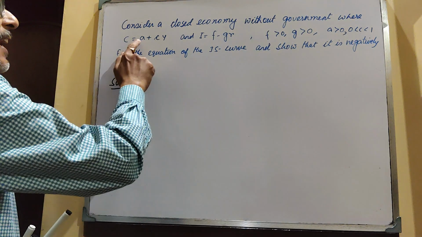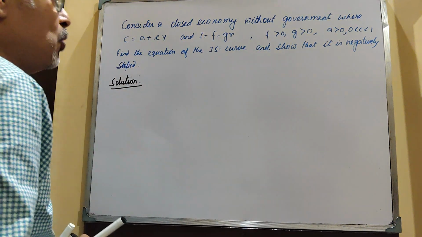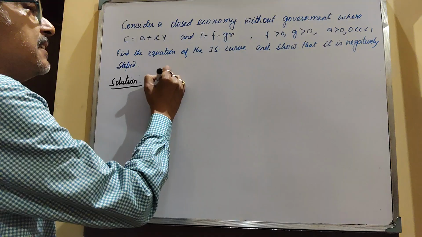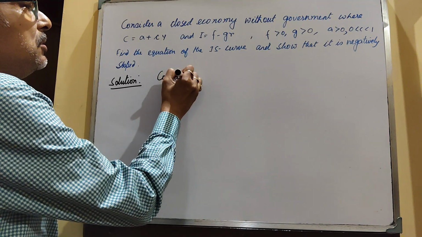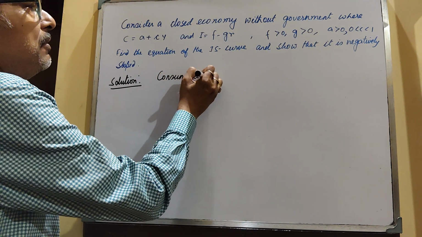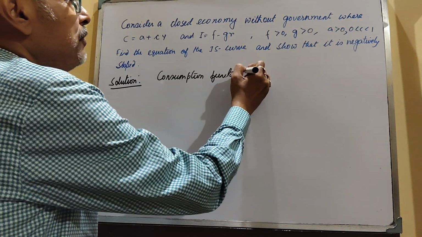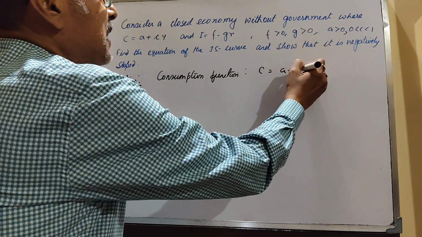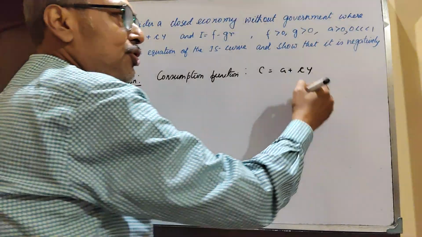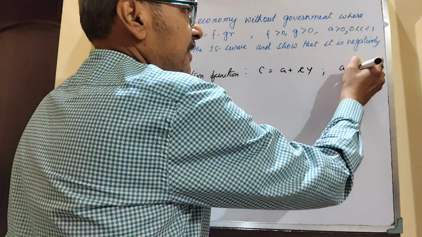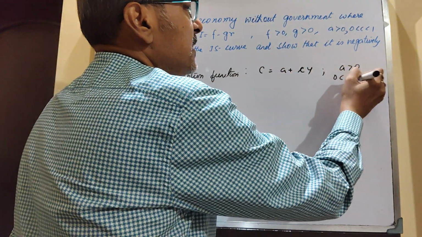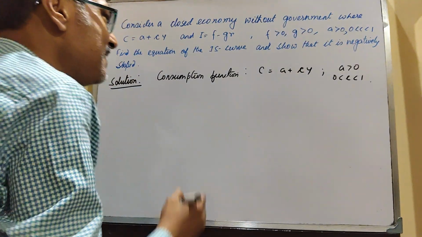Now what is C equals A plus small c Y? This is the consumption function, and the restriction is given as A greater than 0 and 0 less than small c less than 1. What is A?